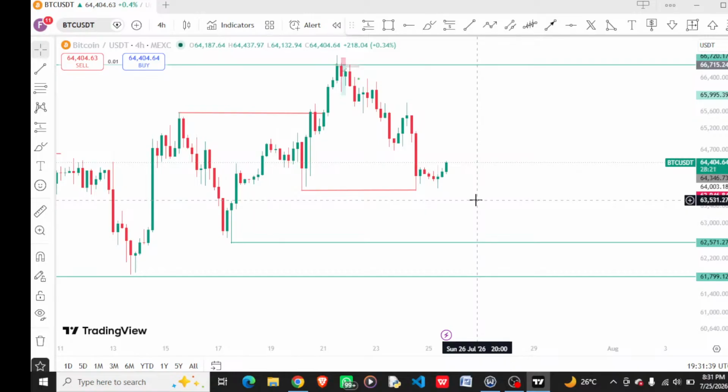Like I said, I'm going to show you guys an app where you can understand the next place that Bitcoin is going, or the next price that it is going to.